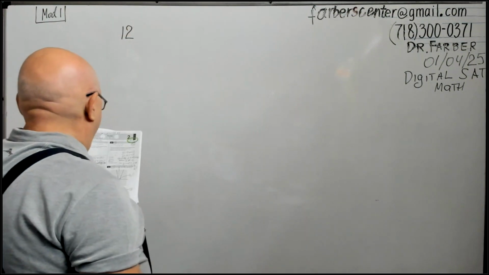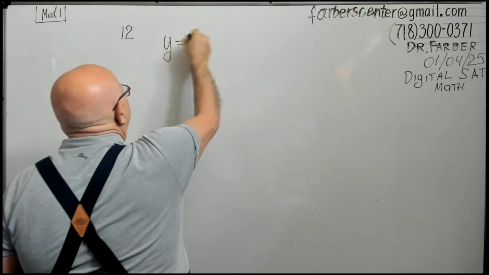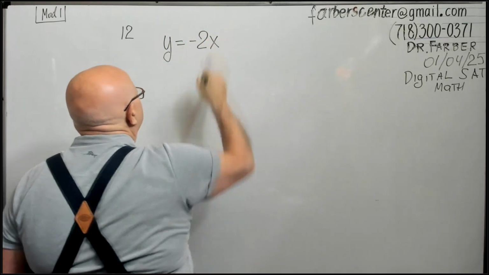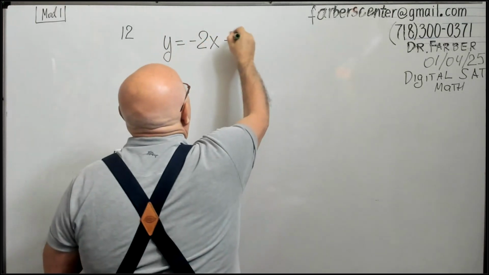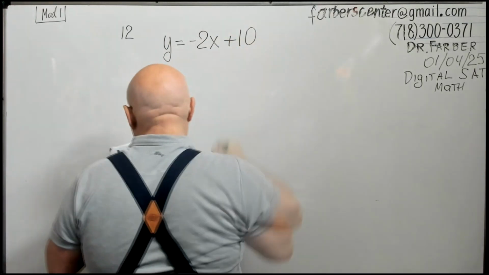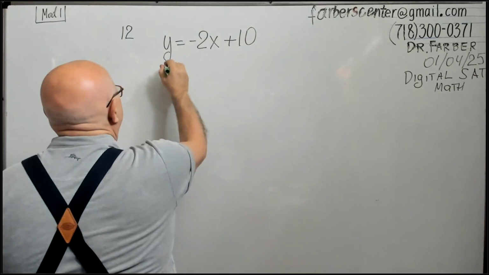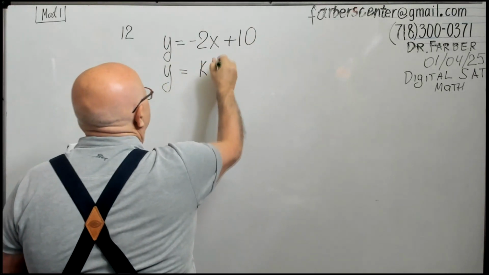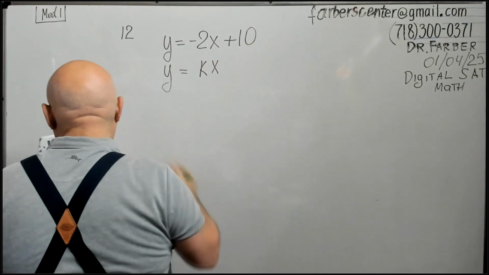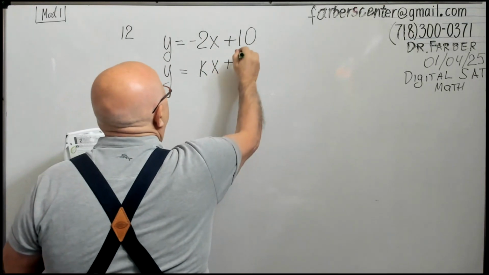What is it? y = -2x + 10, and y = kx + 10.